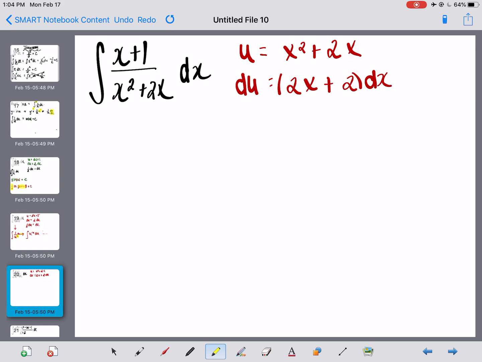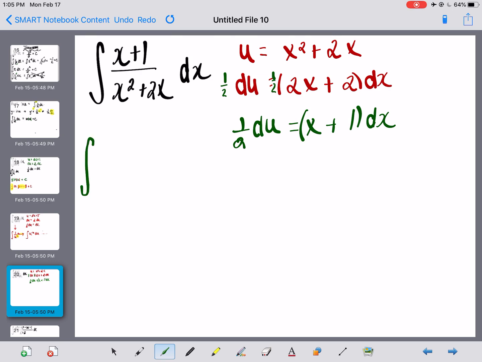Notice we want x plus 1. In order to get that x plus 1, we would take half of both sides. So if you took 1/2 of both sides, you're left with 1/2 du equals x plus 1 dx. And that's exactly what we wanted.